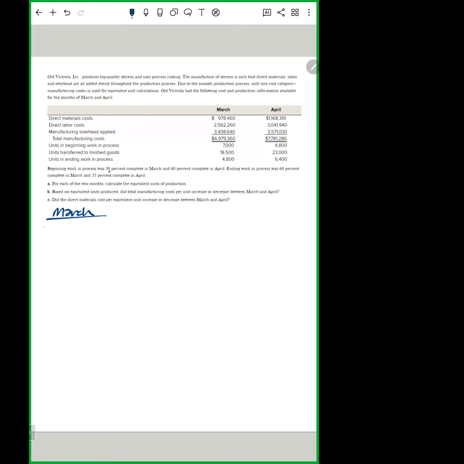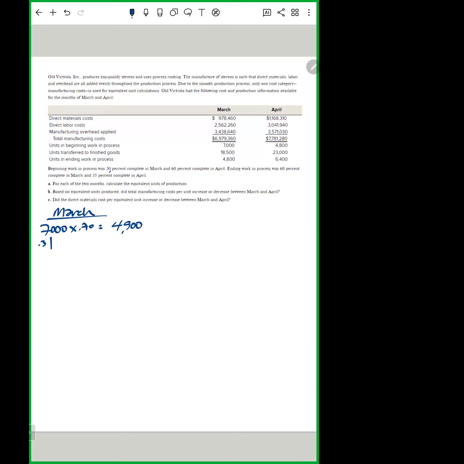All right, so we have our 7,000 units. However, that 30% doesn't belong in March. It belongs back in February, right? So it's the remaining 70% that we're interested in. So times 0.7 is 4,900 units.